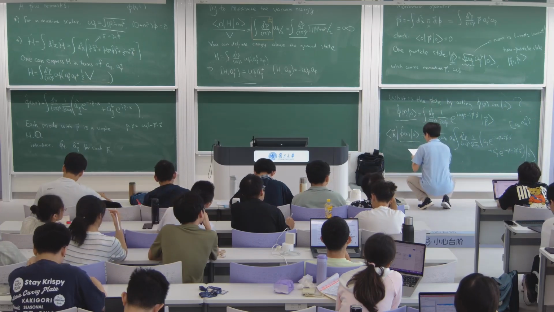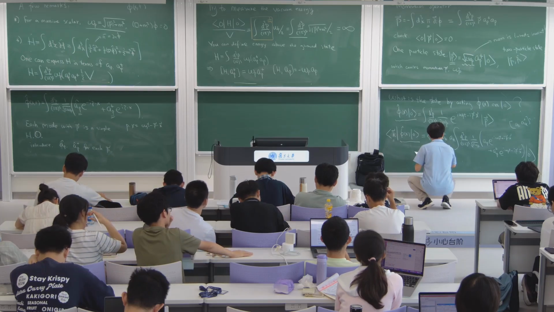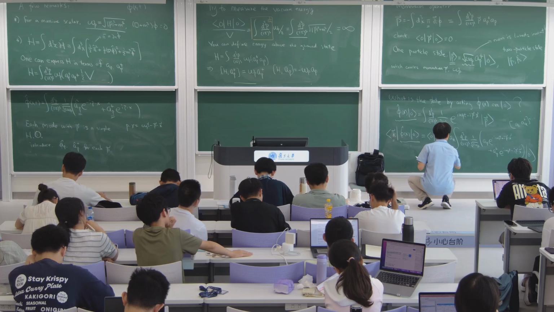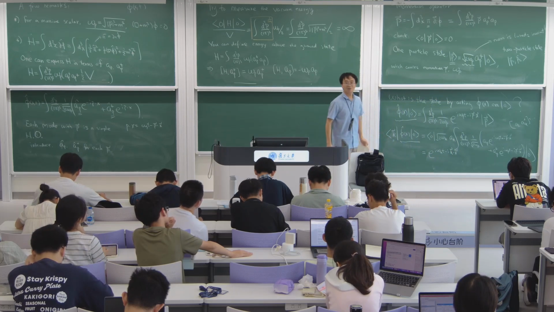This result is nothing but e^(i omega_K t minus i K dot X). This is the result you get.